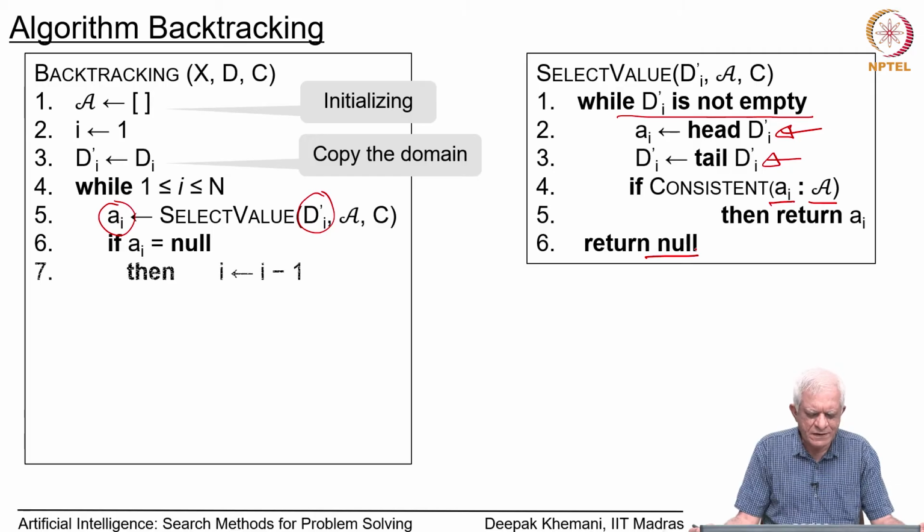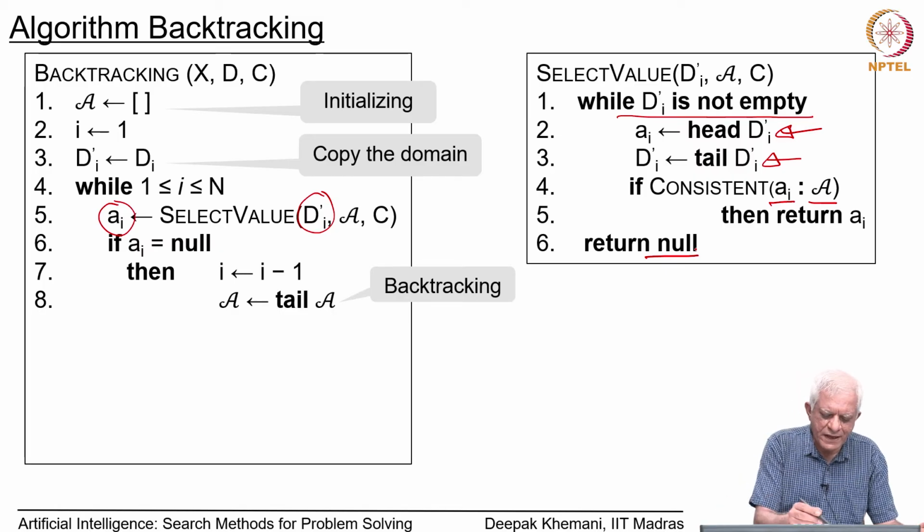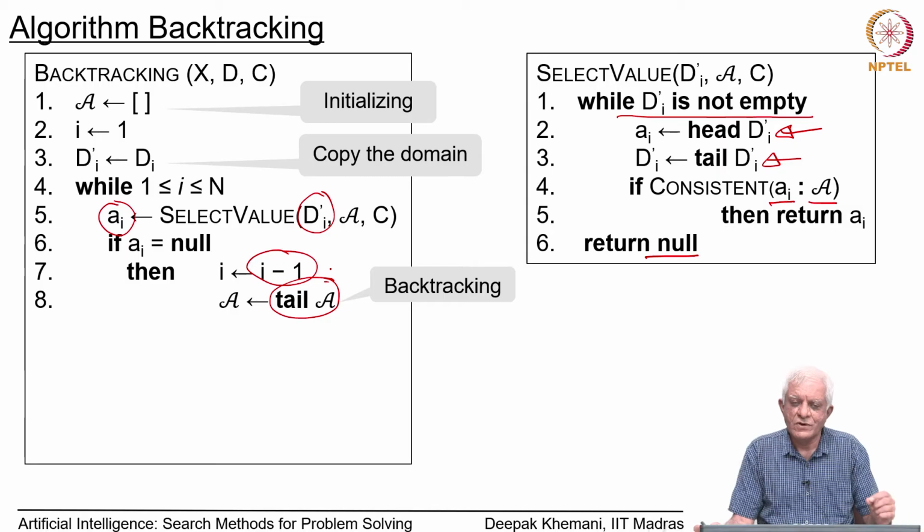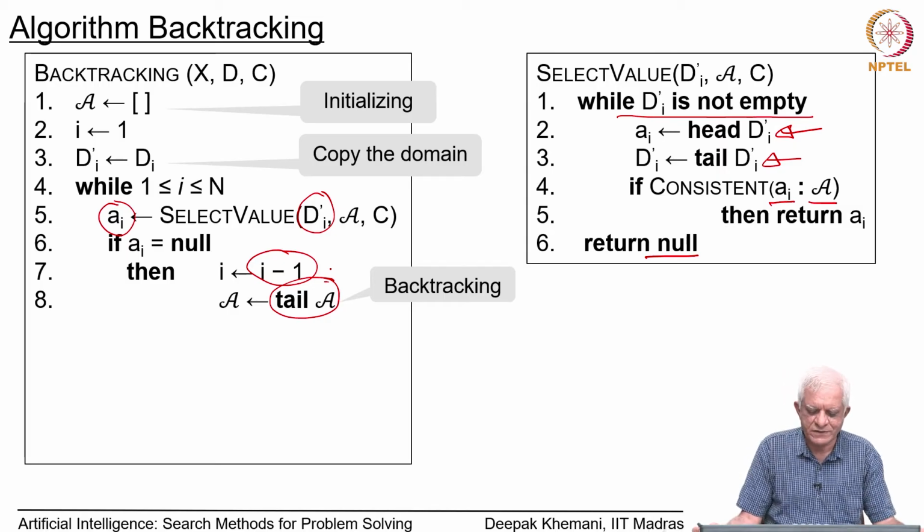If it is null, then it backtracks: it goes back to i minus 1 and removes the last value that we had added to the variable i minus 1. So, we will look for a new value for the variable i minus 1. So, this is the backtracking part.